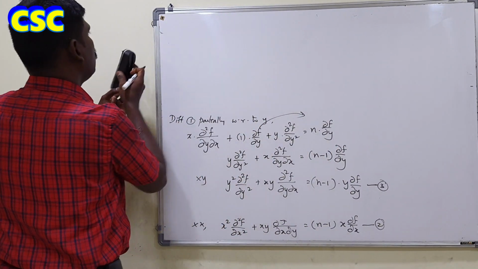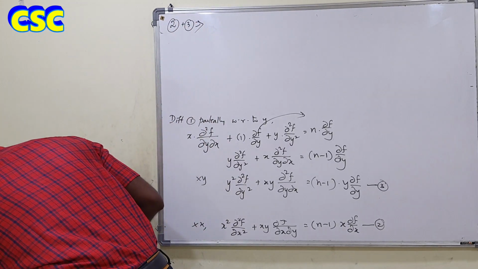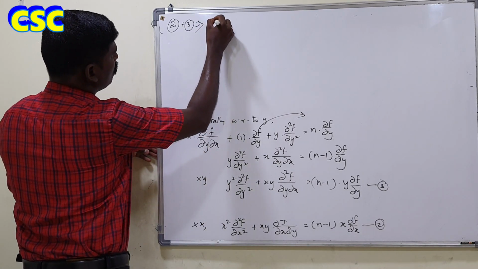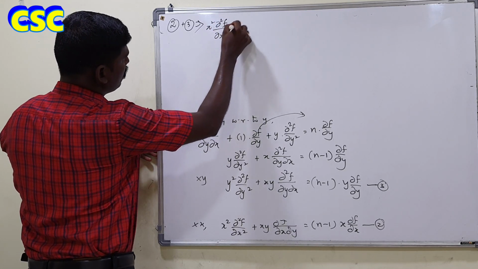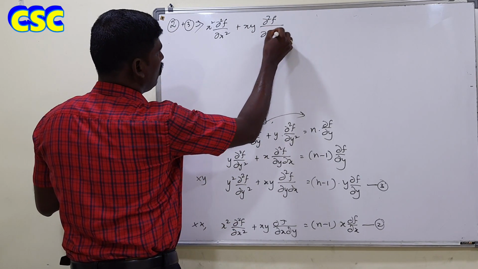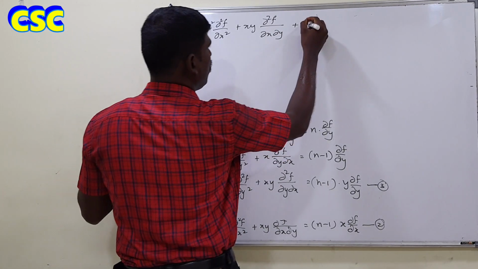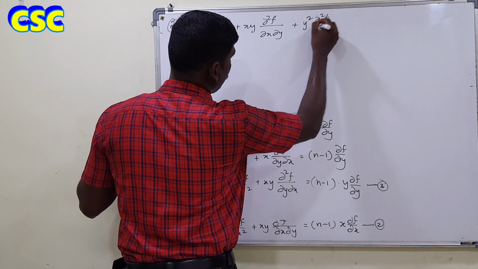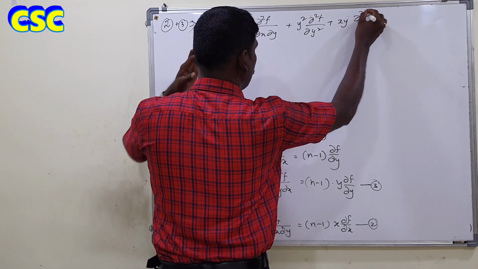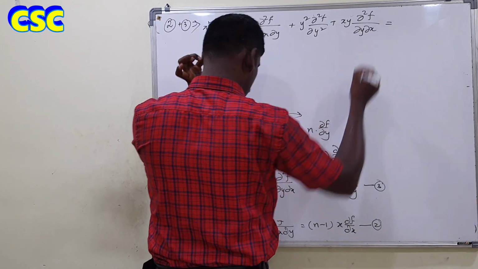Now 2 plus 3 implies, what will we get? Add both of the two. So x square into dou square f by dou x square plus xy into dou square f by dou x dou y, plus the left hand side of the third one, y square into dou square f by dou y square plus xy into dou square f by dou y dou x, is equal to, what is on the right hand side?